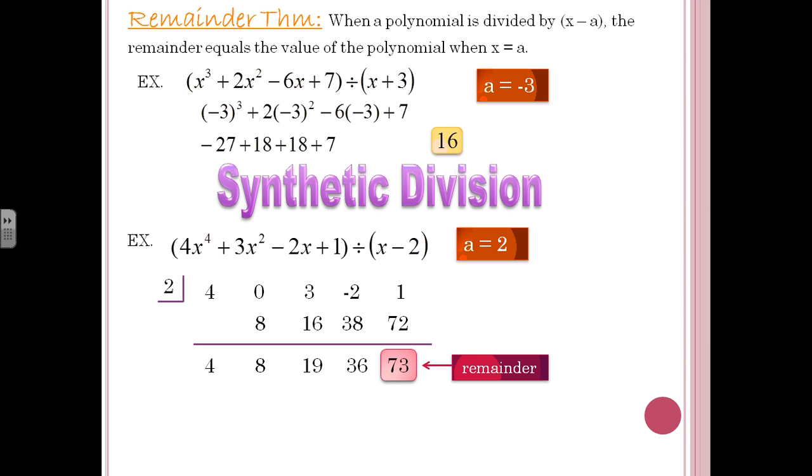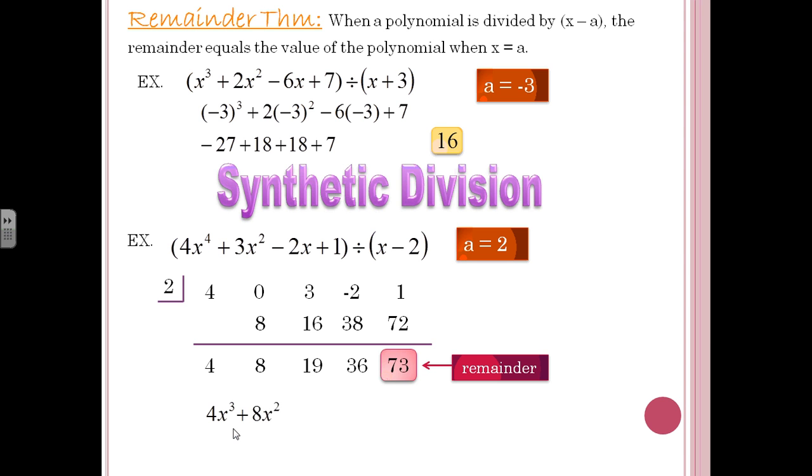And the exponent of the very first term is going to be 1 less than the degree that you started with. So our polynomial that we divided had a degree of 4. So our answer's polynomial will have a degree of 3. So this is going to be 4x cubed for the first term. And then for each of these coefficients, we just decrease the exponents by 1.